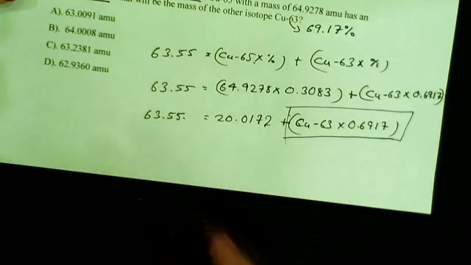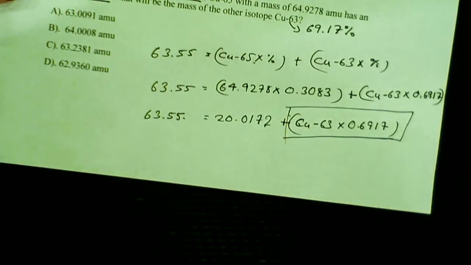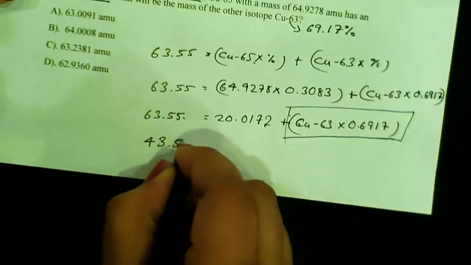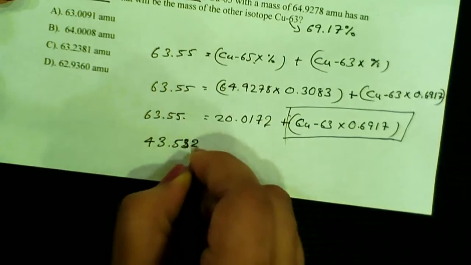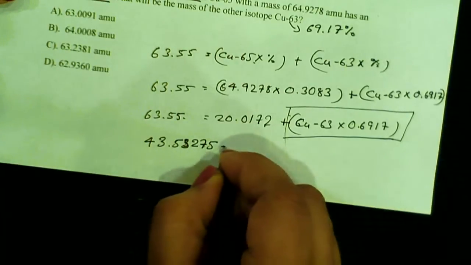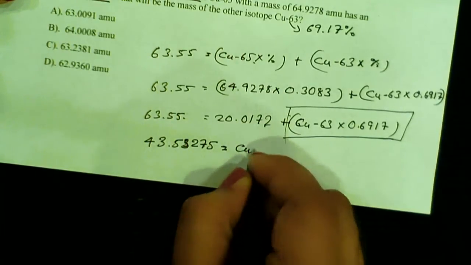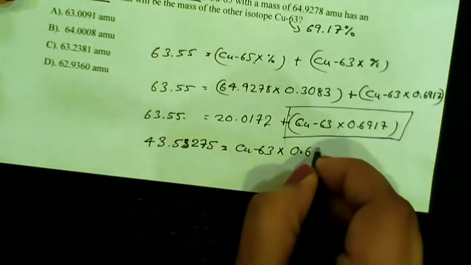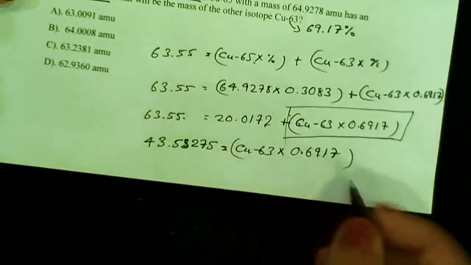So you will end up with 43.55375 will be equal to mass of copper 63 times 0.6917.